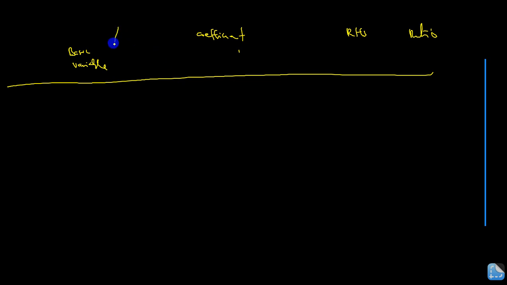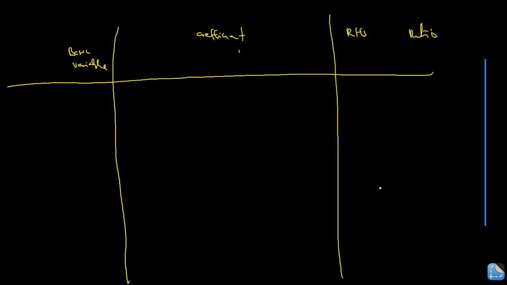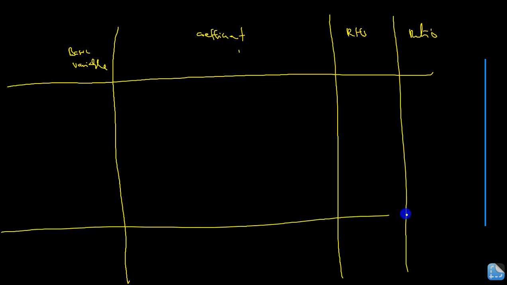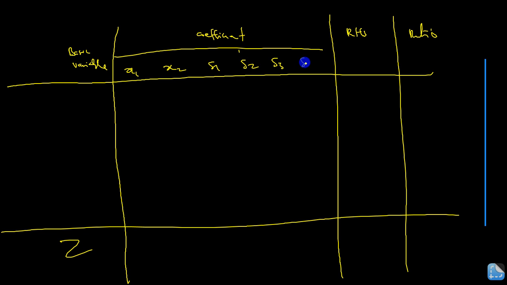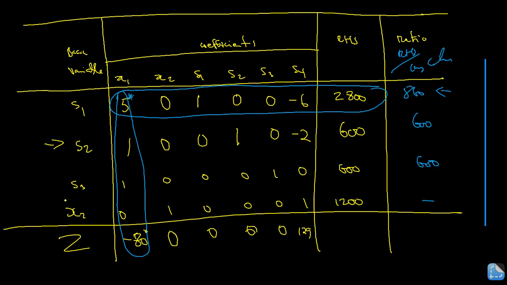Then we just do that and that and that. Then once again we just close it there, and then we put our z and then x1. So we have our x1, our x2, our s1, our s2, our s3, and our s4. Okay, and then we start.